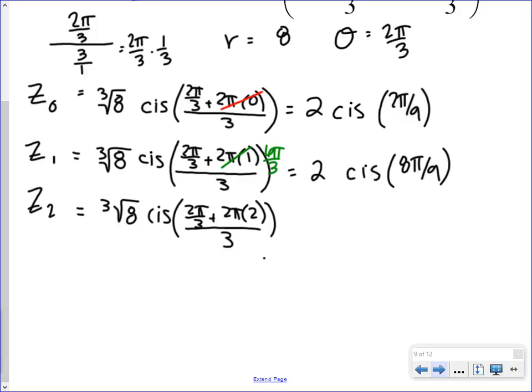I'd like it to have a common denominator of 3, so I'm going to call that 12 pi over 3. That's the same thing as 4 pi. Okay. And then add 12 pi over 3 plus 2 pi over 3 is 14 pi over 3. 14 pi over 3 divided by 3 is 2 cis 14 pi over 9.